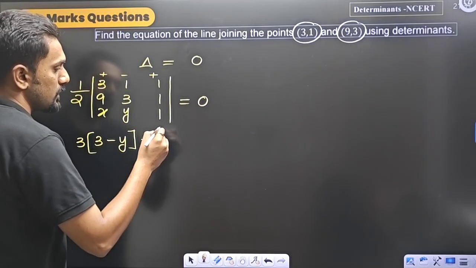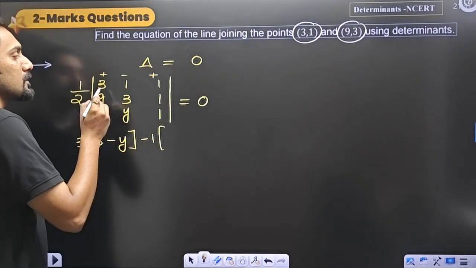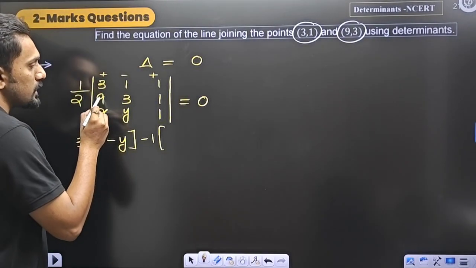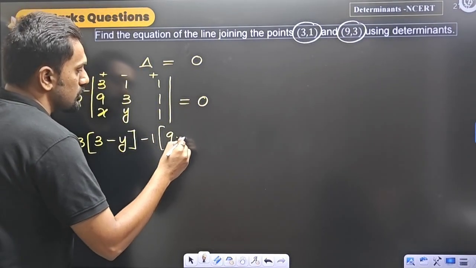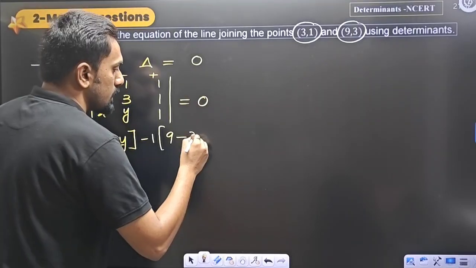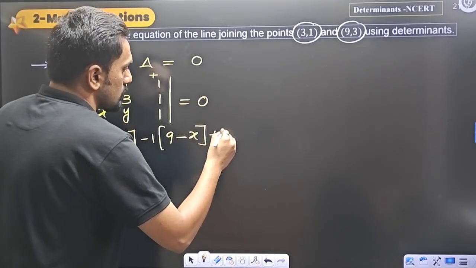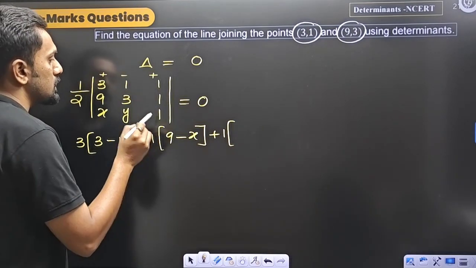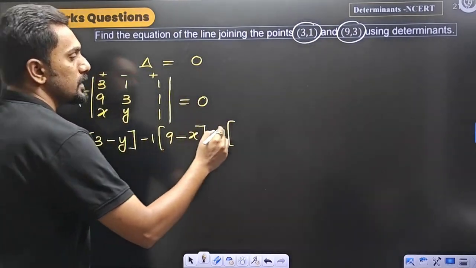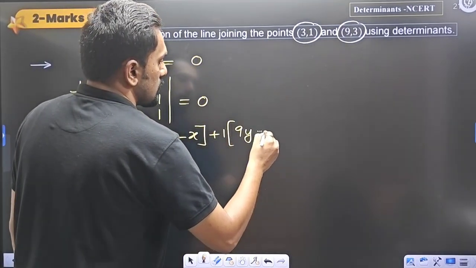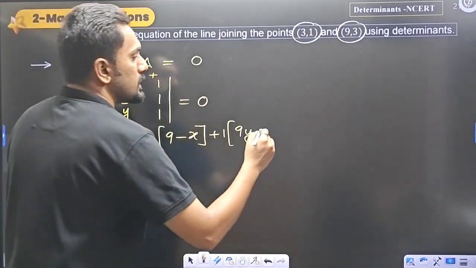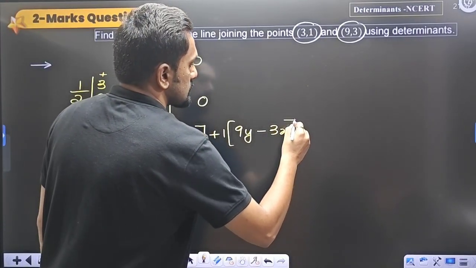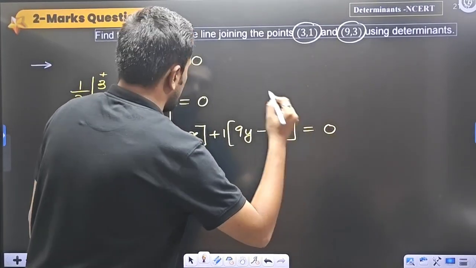Then minus of 1 multiplied with, first row, first column deleted, 9 into 1 is 9 minus x into 1 is x, plus 1 into, see here, first row third column deleted, 9 into y is 9y minus x into 3 is 3x, which is equal to 0.